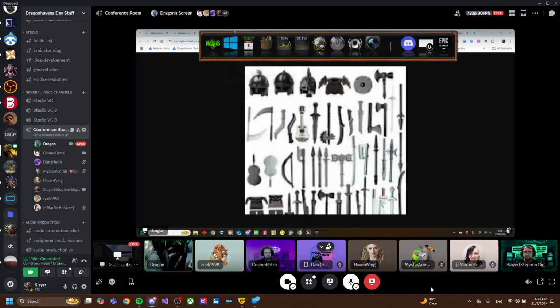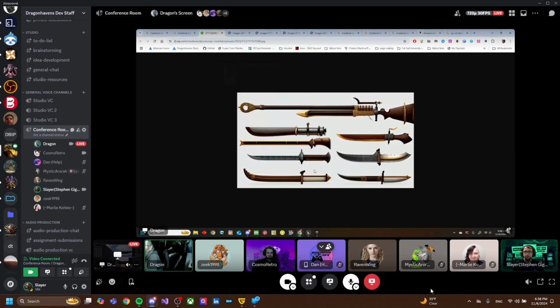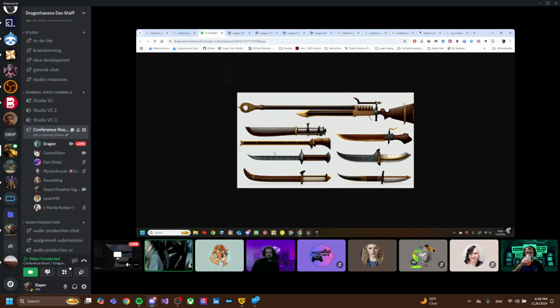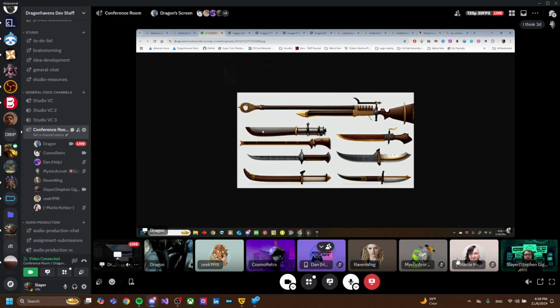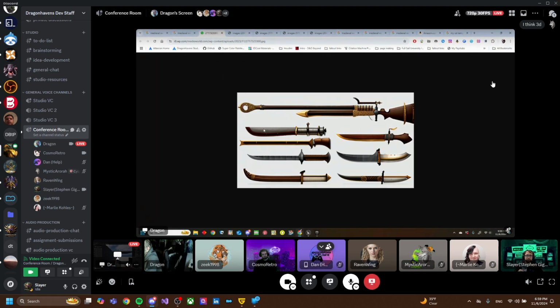Are we thinking along this style then, but more 3D or what? That's what I'm trying to nail down. I was just suggesting it's my favorite of all the ones you've shown, but it's up to a vote for everyone. I think 3D would probably look pretty good for the weaponry.